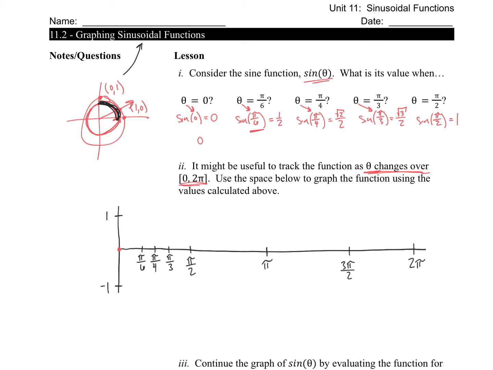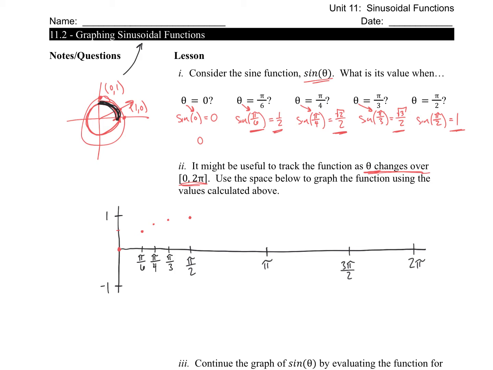At pi over 6, my output is 1/2, so halfway to 1. And then we've got radical 2 over 2, radical 3 over 2, and 1 for our outputs at pi over 4, pi over 3, and pi over 2. And I'm sort of approximating where that radical 2 over 2 and radical 3 over 2 are going to be.